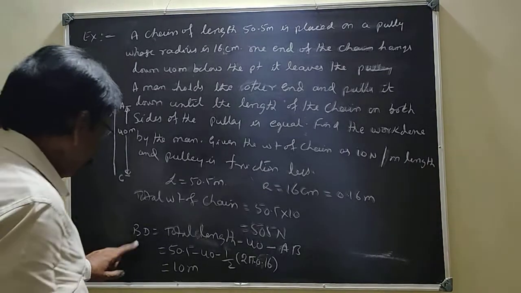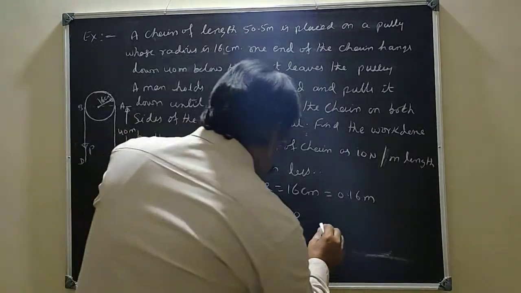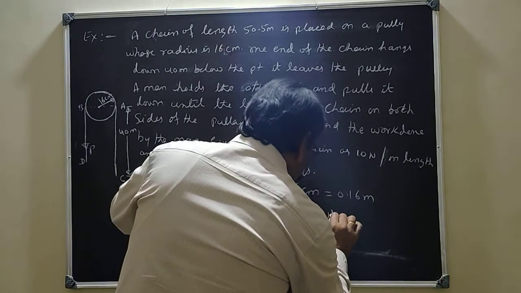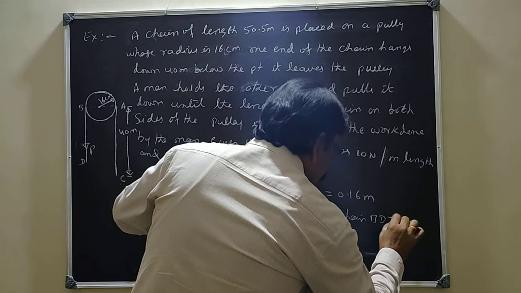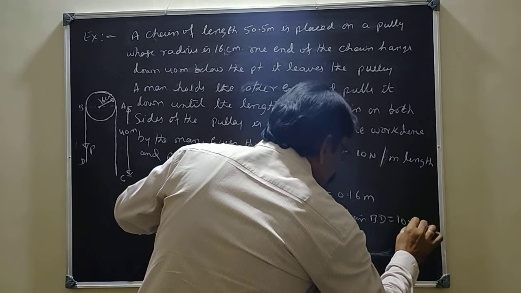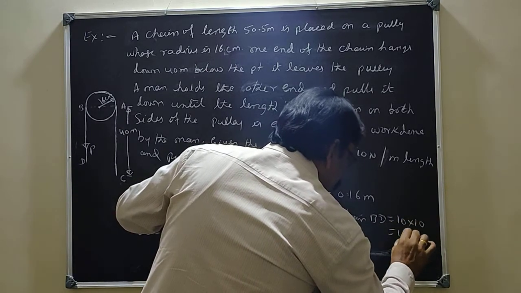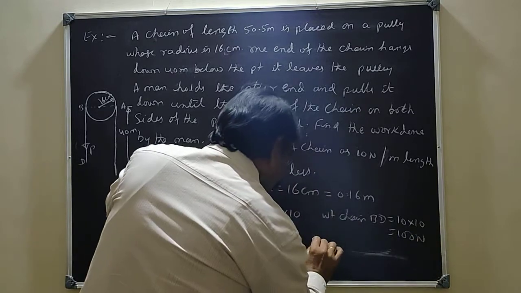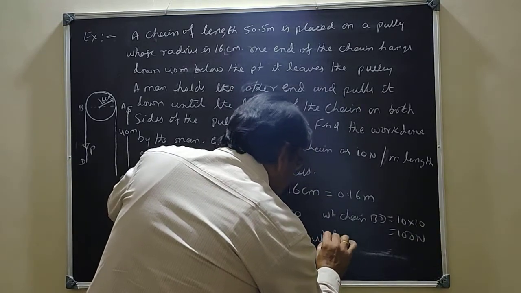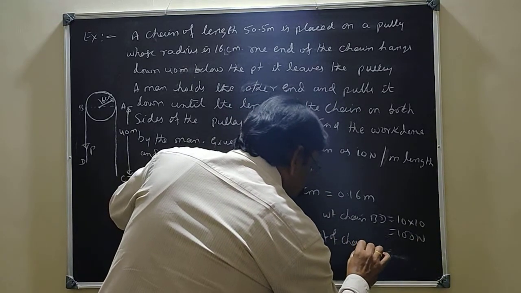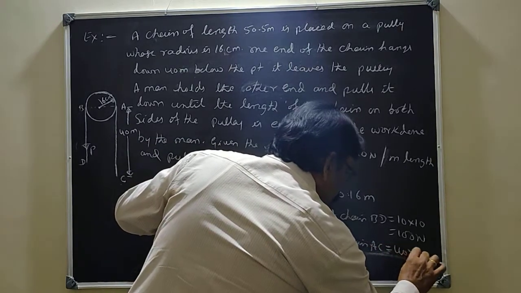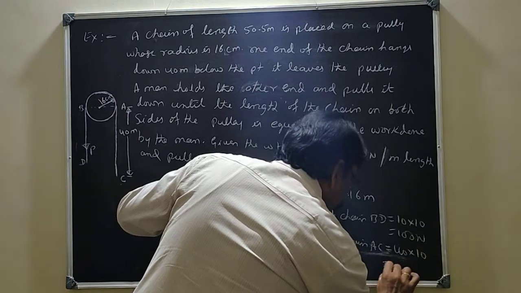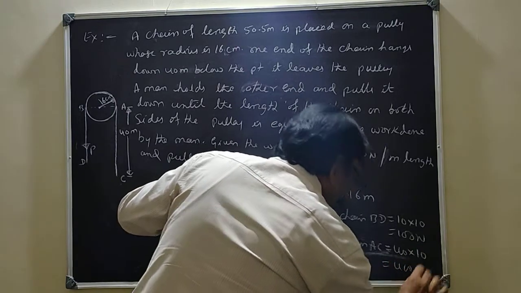Now the weight of the chain BD is equal to 10 into 10, so that is equal to 100 Newton. And then weight of chain AC is equal to 40 into 10, that is equal to 400 Newton.